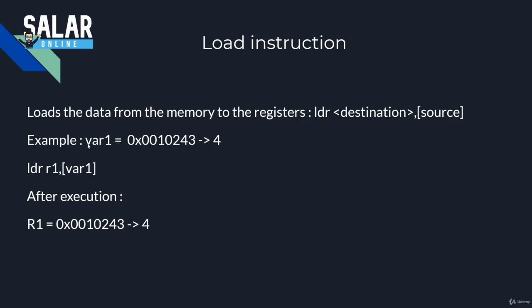So if you look at the example, var1 contains this address which points to the value 4, and after executing this instruction, LDR R1 comma bracket of var1, the content of var1, which is this memory location, will be loaded to R1, and that will be pointing to the value 4. So this is what is happening.